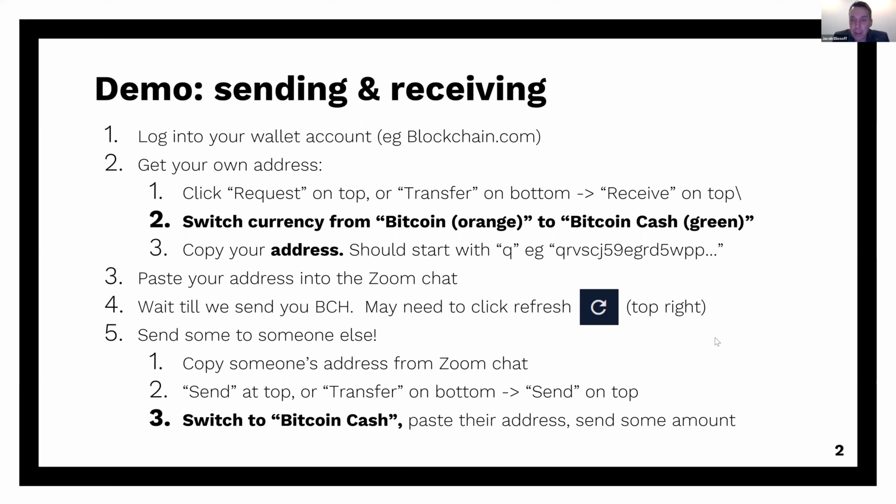Anyone received their $5 worth of Bitcoin Cash yet? Okay, Rami received 5. So there is a distinction here because when you look at your balance in the wallet, there's two numbers. There's the dollar amount and there's the Bitcoin Cash amount, the amount in the units of the cryptocurrency. Great.